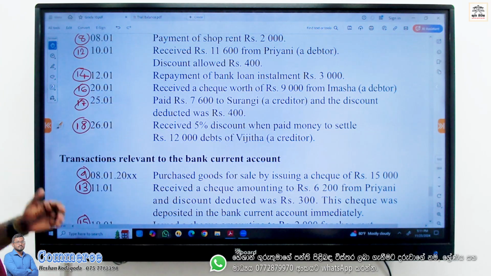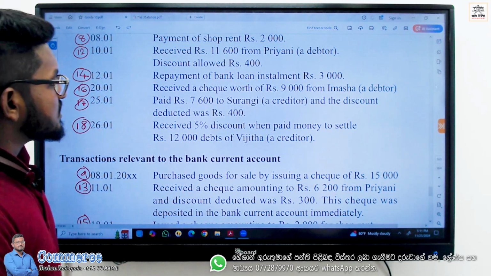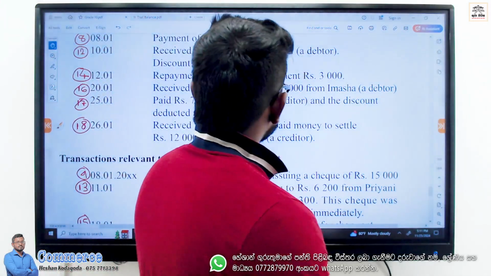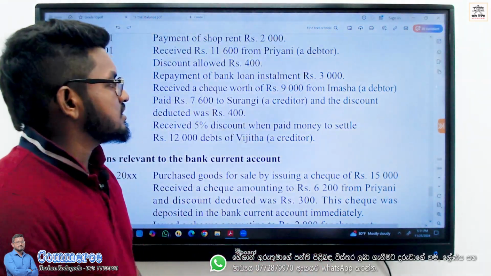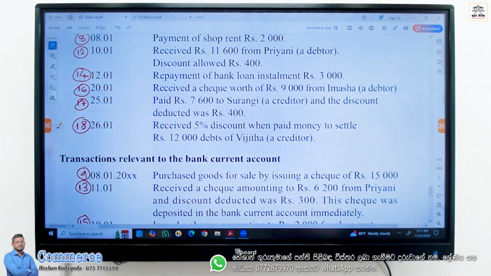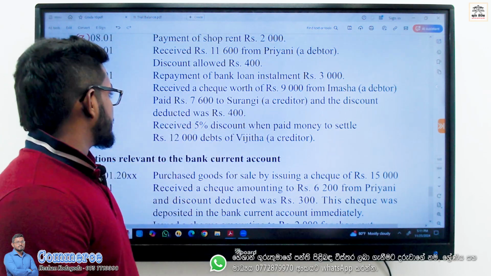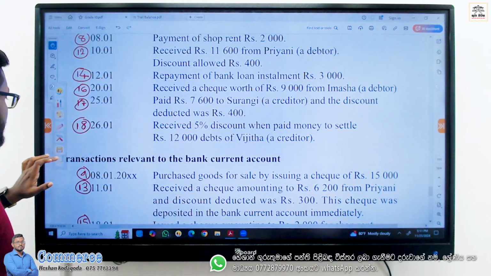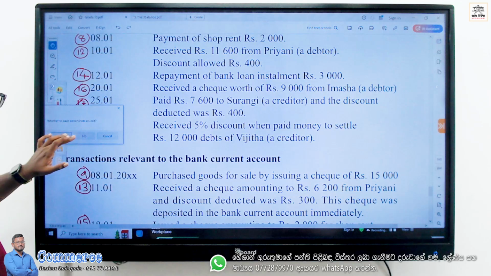Now the 17. Paid 7,600 to Surangi, a creditor, and the discount deducted was 400. It is a cash payment, right? Go to the cash book credit side.